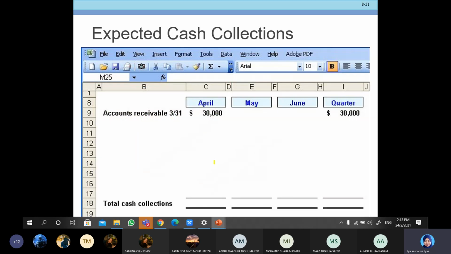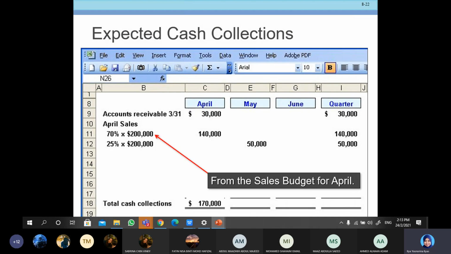So when we do this cash collection for April, May, June, the beginning balance in April will be 30,000. Now we look at the sales of April, which is 200,000. 70% will be collected in the month of April, so 140,000. The following month will be collected 25%, which means the remaining 50,000. So this is the April sale.